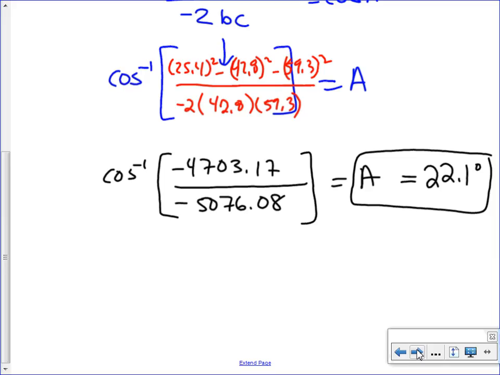Well, it is that formula, but before you had an angle. This time you didn't. So the point was, what do you do?